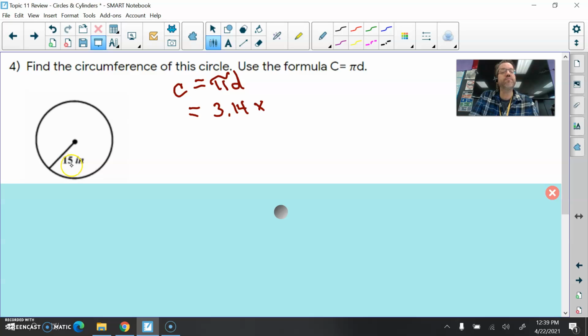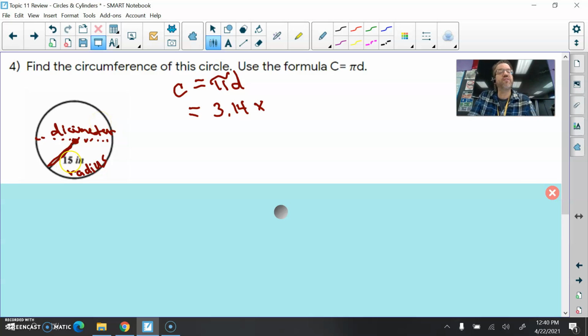I see we have a measurement here of 15 inches. Is that the diameter? No, this is the radius, because it's connecting the center of the circle to the outside of the circle. The diameter would go all the way across the circle passing through the center. And the diameter is twice as long as the radius.